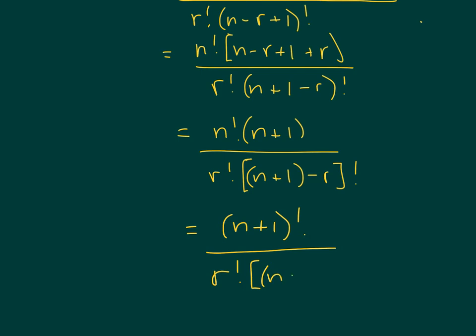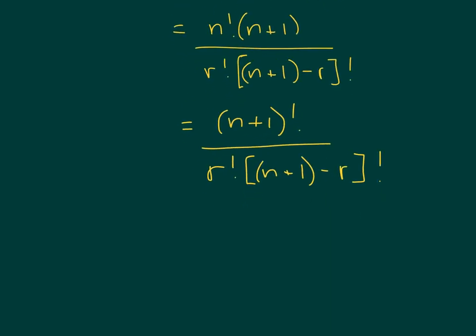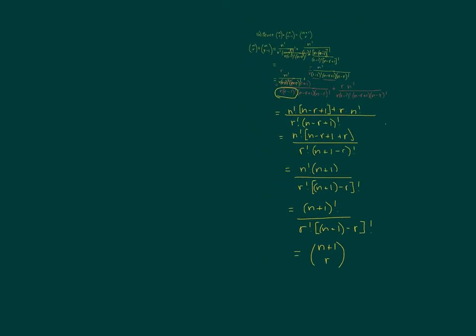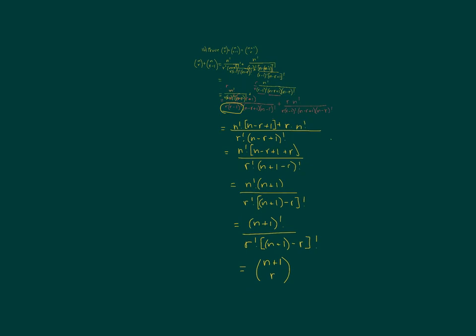And then I have n plus 1 minus r factorial, which, lo and behold, I can rewrite in combination notation. So this is nothing other than n plus 1 choose r, and we are done with the proof. Let's stand back and look at that. Woo, that is a long proof. But there we are.